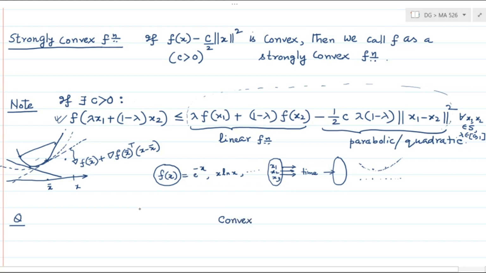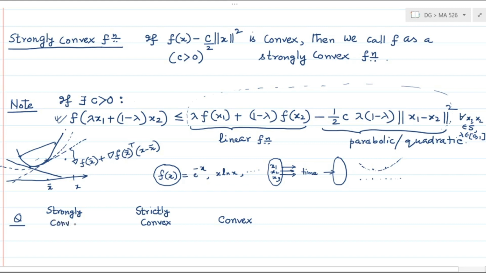Obviously, your answer is no. And if no, I will ask the reverse question: is every strictly convex function a convex function? And further ahead, is every strongly convex function a convex function? Is every strongly convex function a strictly convex function or not?